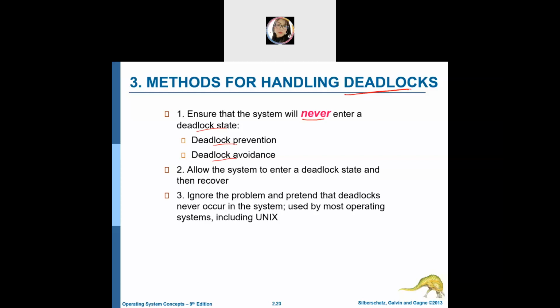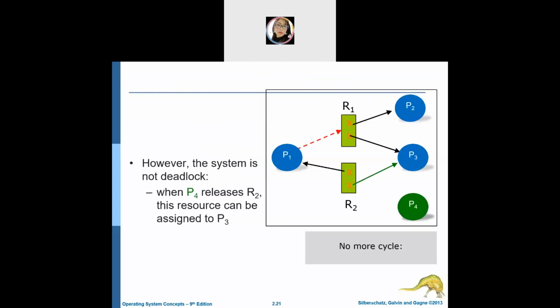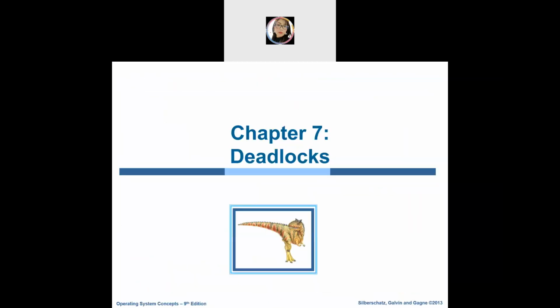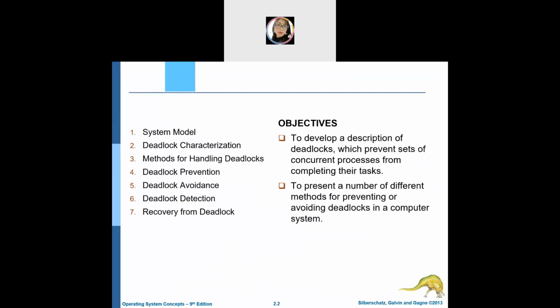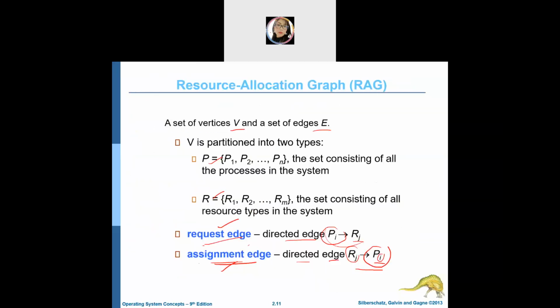These two methods are going to ensure that your system will never enter deadlock state. Another one is to allow the system to enter deadlock state and then recover. That's why you can see there is a recovery from deadlock. Okay, so you have 4 things to handle deadlock, and one more.